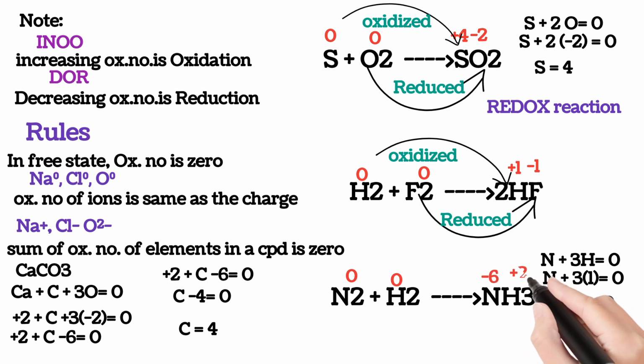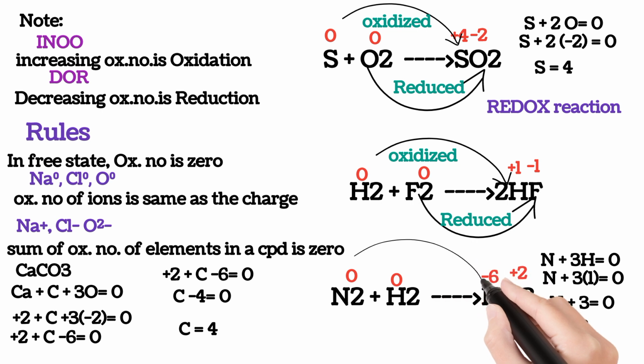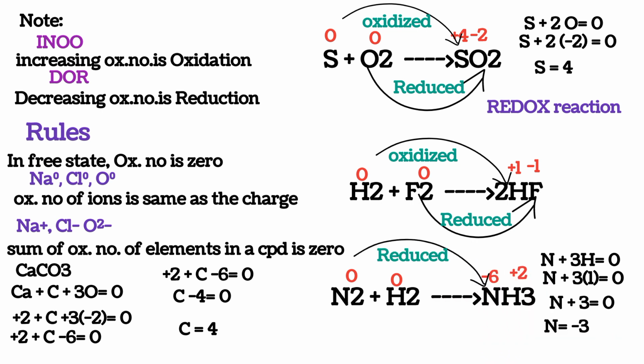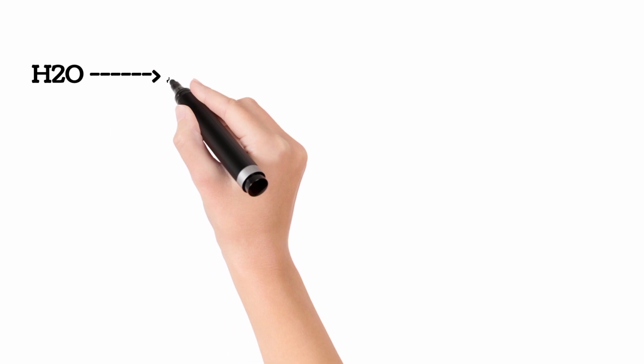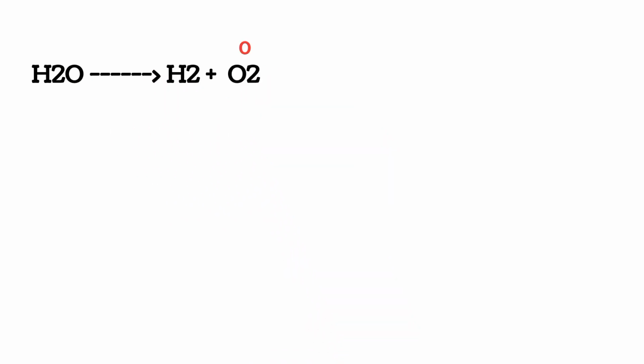So the oxidation state of nitrogen is -3, while that of hydrogen is +1. So we say from 0 to -3 is reduction, while from 0 to +1 is an increase, and that is what? Oxidation.